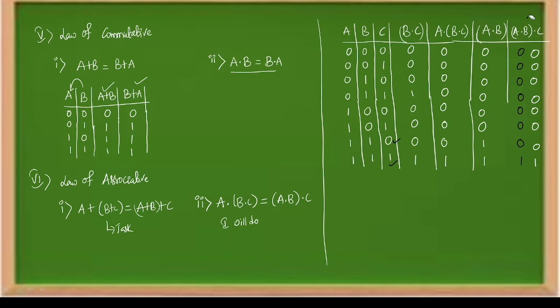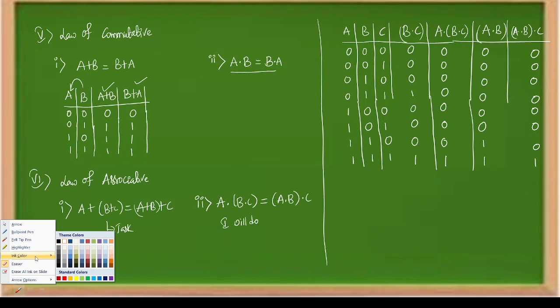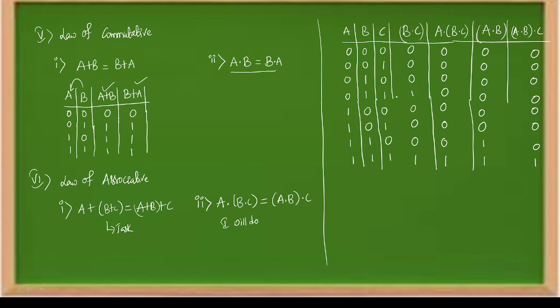Let me show you how to check it. Now, how can you prove this? Check this: 1, 2, 3, 4, 5. This is the fifth column. Check this fifth column and check the seventh column.